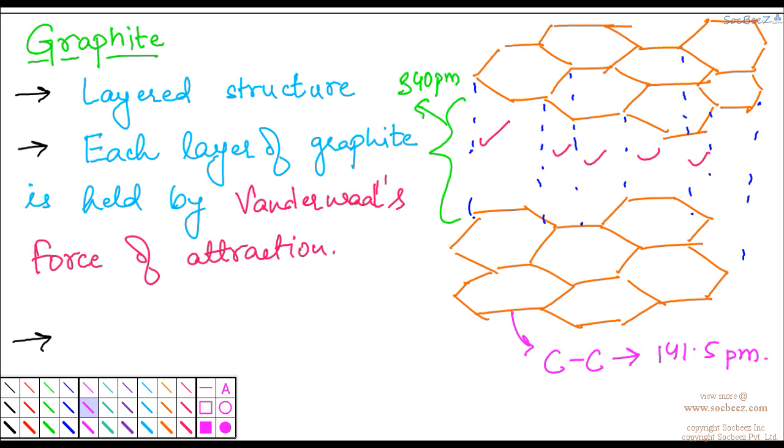So you can very well see that this distance is quite larger than this distance. That is why we can say it has a layered structure.